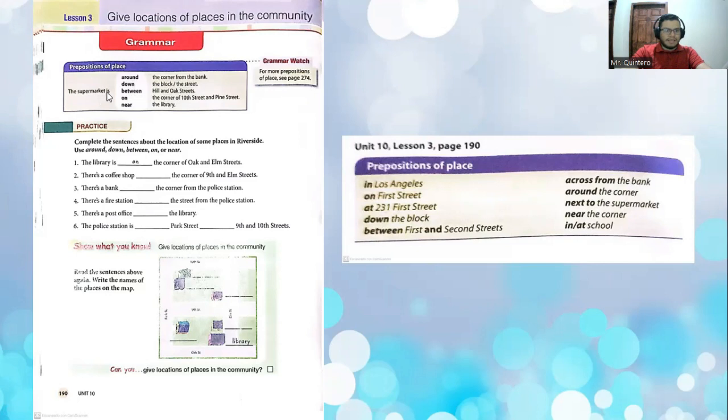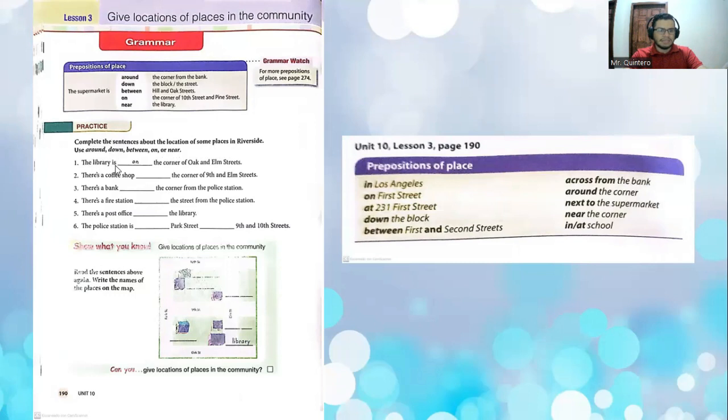The supermarket is near the library. Near, cuando estamos hablando something that is close, cerca, near. So let's go checking one by one of the prepositions. Complete the sentences about the location of some places in Riverside. Use around, alrededor, down, abajo, between, en medio, on, or near for one by one of the sentences.